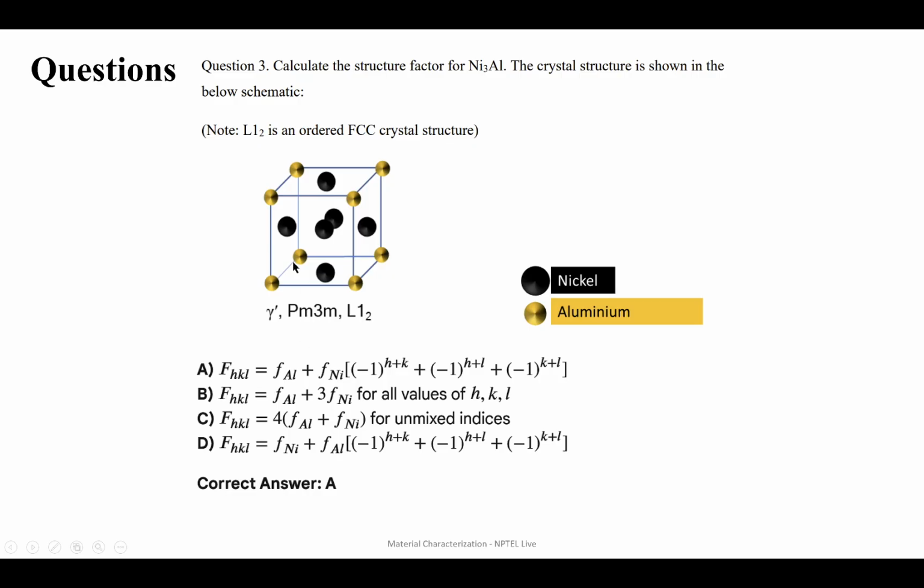For 0, 0, 0 the exponential becomes e to the power 0, so it will only come out as F_Al. For F_Ni it will become e^(-iπ(H+K)), e^(-iπ(H+L)), and e^(-iπ(K+L)). So the final answer will be F_Al plus F_Ni into this, which is option A.